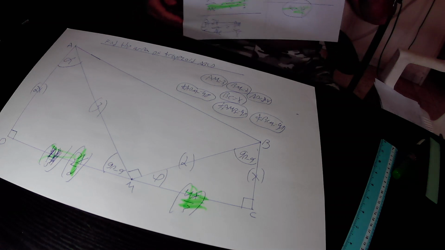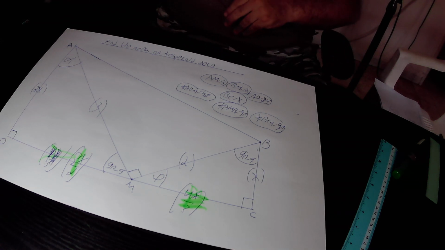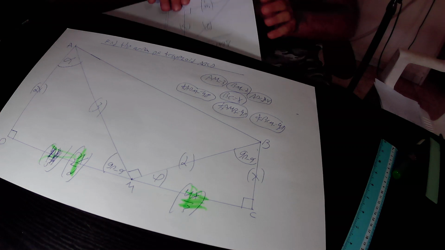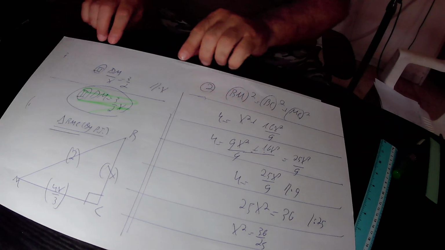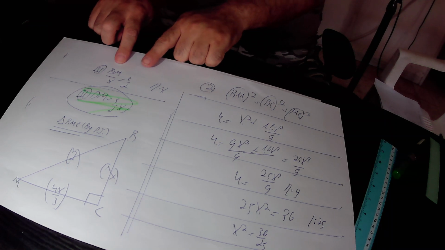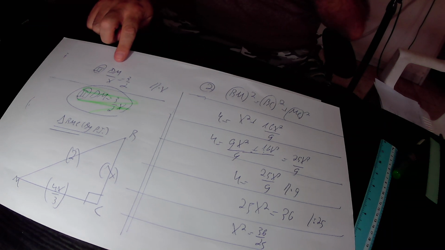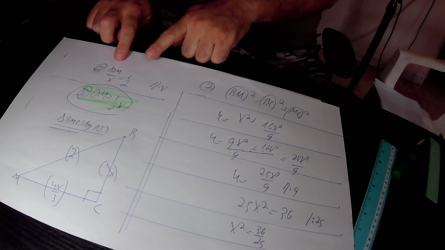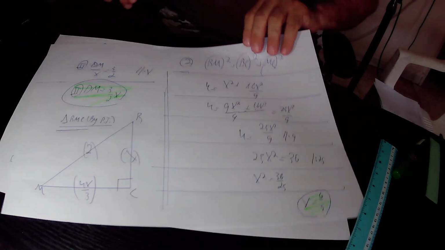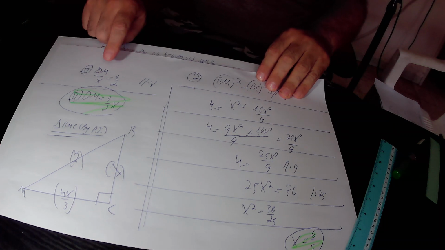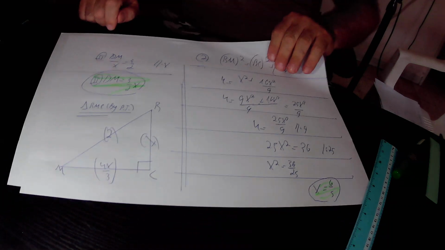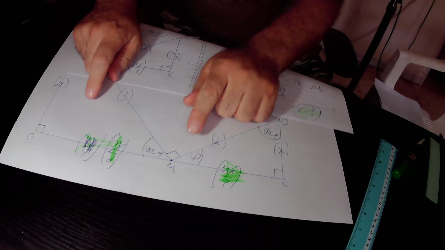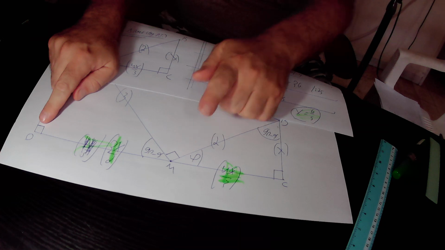According to equation 2, DM over x equals 3 halves. Here we multiplied this equation by x and found that DM equals 3x over 2. So this is side DM, which equals 3x over 2.